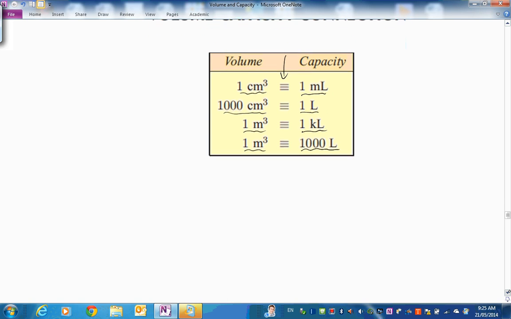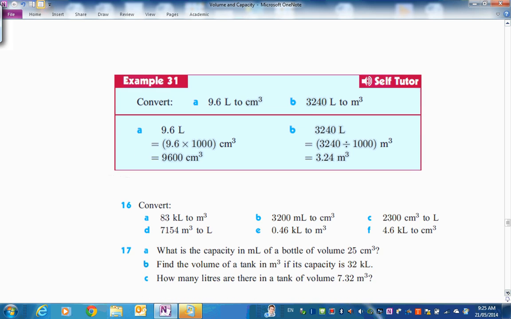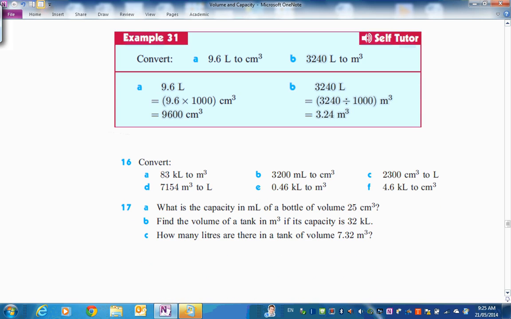Alright, let's keep going now and have a look at some conversions. Okay, 16 and 17. So we're going backwards from your capacity in litres to your volume, the amount of space inside.